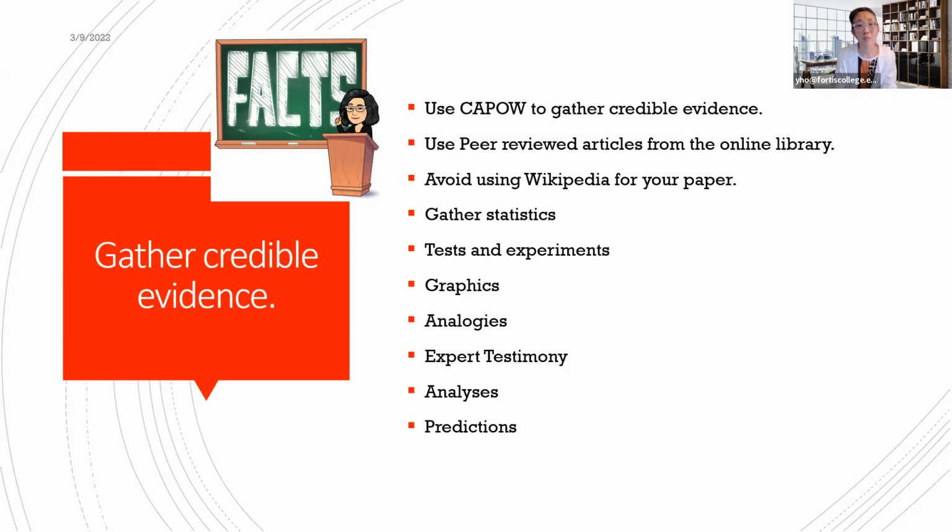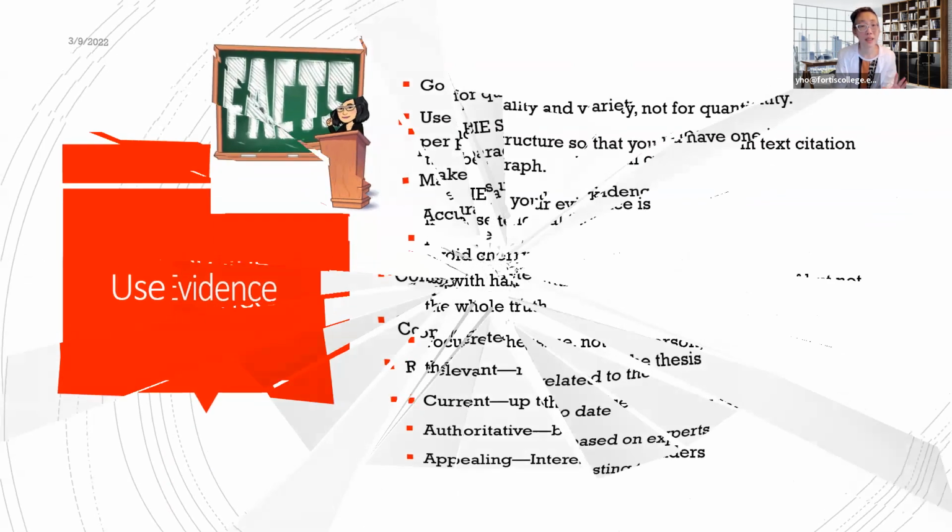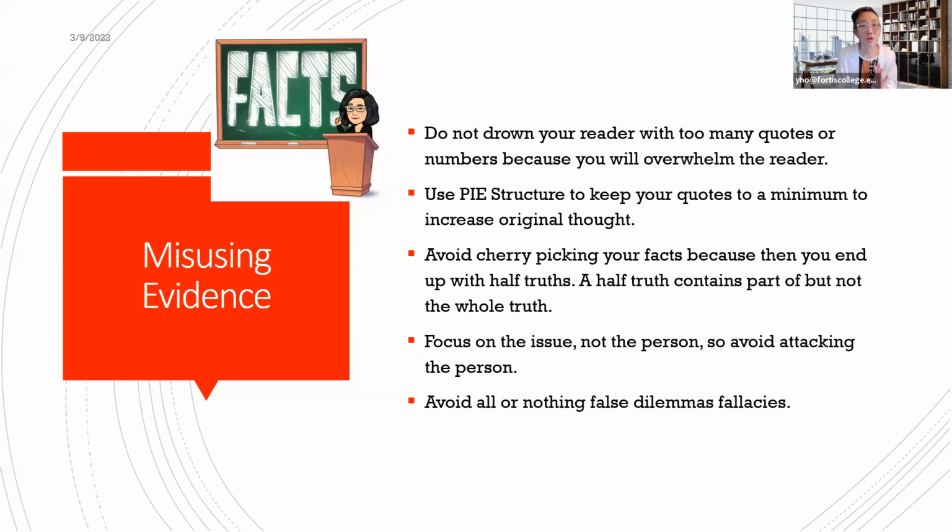You've got to have credible analysis and credible predictions. So go for quality. Use PIE structure. Make sure your evidence is accurate, complete, concrete, relevant, current, authoritative, and appealing. Do not drown your reader with too many quotes. Avoid cherry-picking your facts, and avoid half-truths.